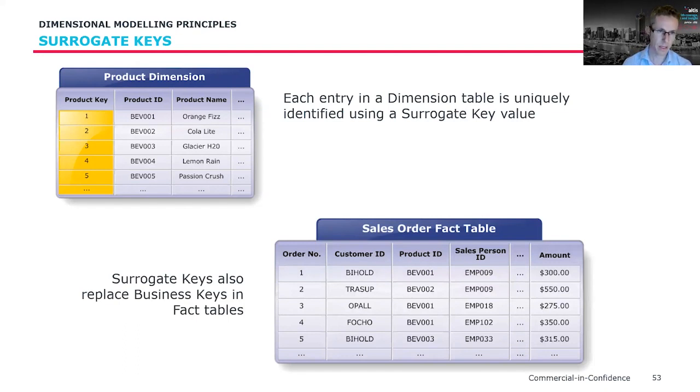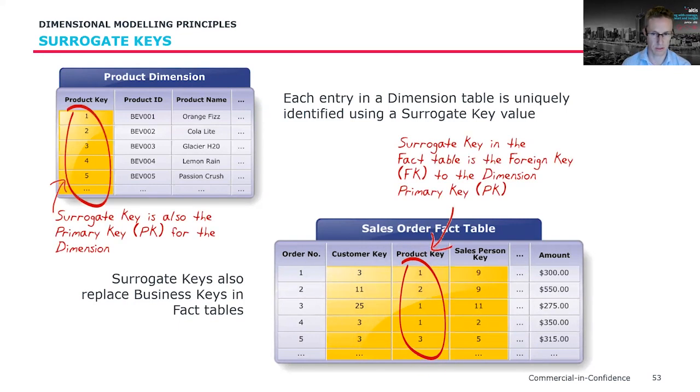So without a surrogate key, the way you would need to link the relationship between your fact table and your product dimension would be on the business key. You can see here, in this instance, it would be the product ID with these beverage codes. However, introducing a surrogate key means we can swap out that business key for our surrogate key, and we would do the same across our customer and salesperson dimensions as well.